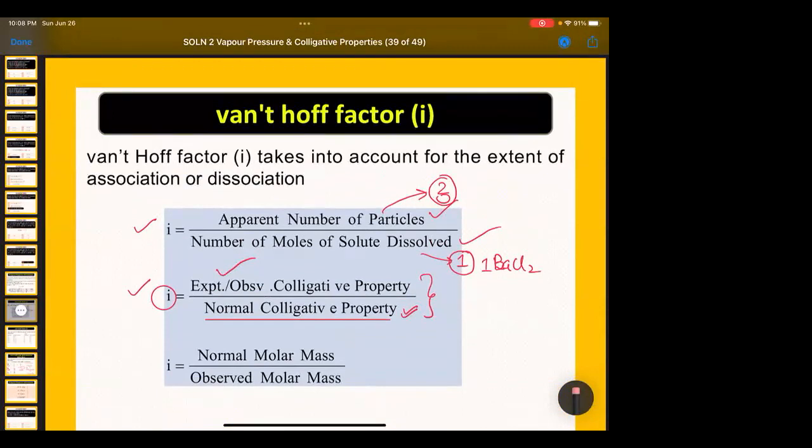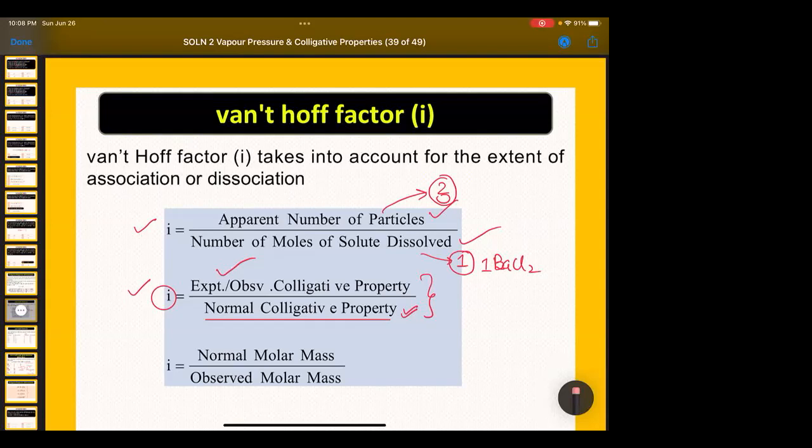What is the original molar mass of acetic acid? That is 60. And if you assume 100% association, meaning all the molecules join together to form a dimer, the molar mass which you get will be 120. It will be just twice the molar mass of the single unit.